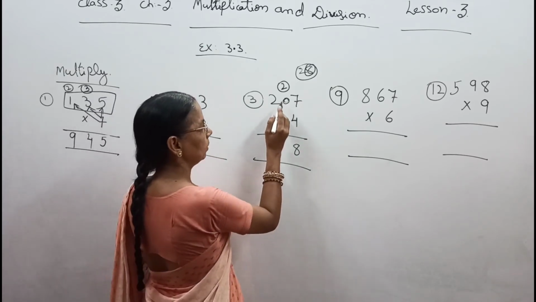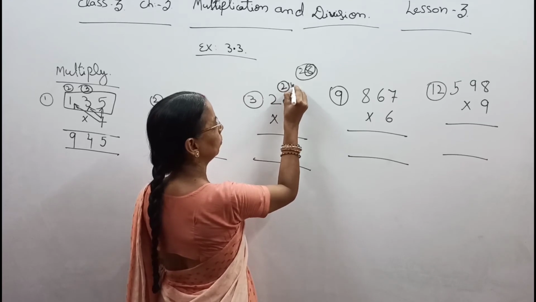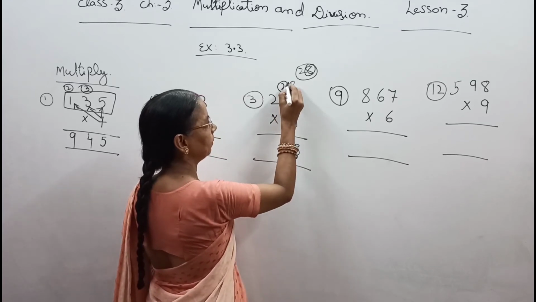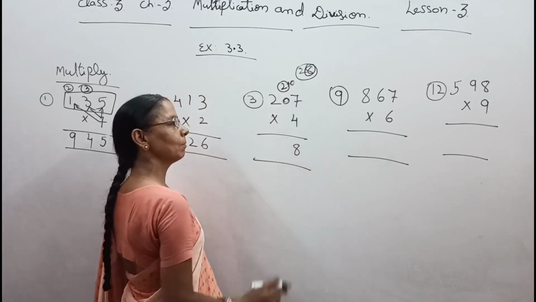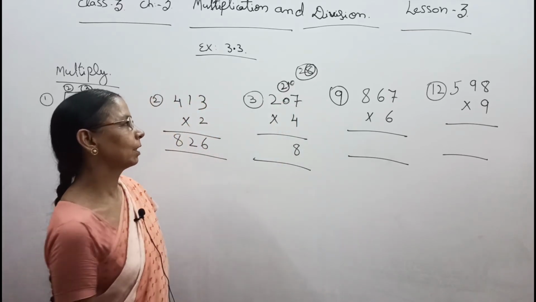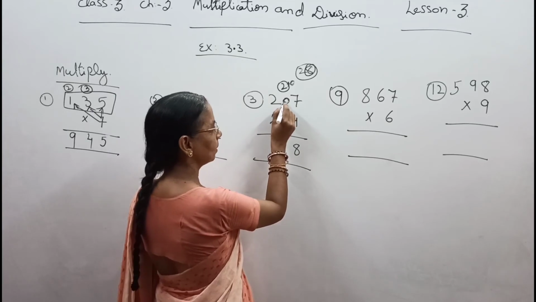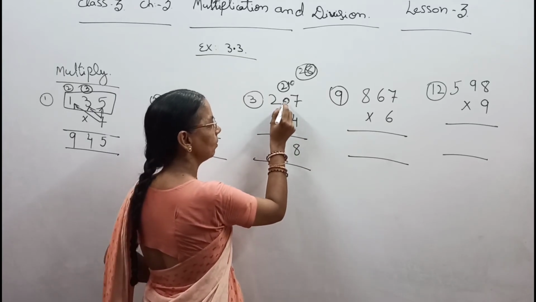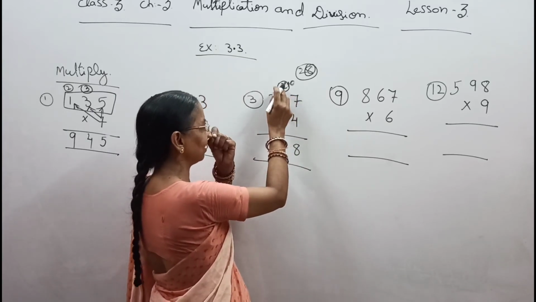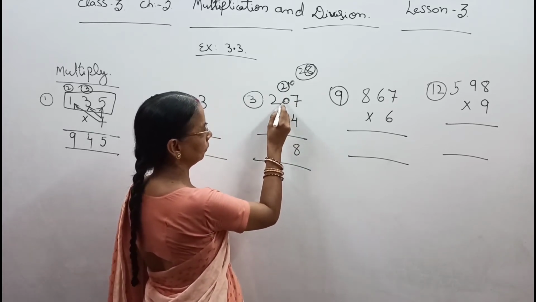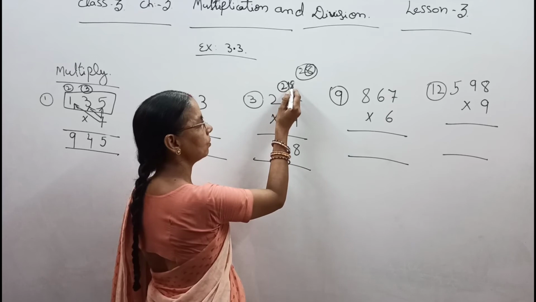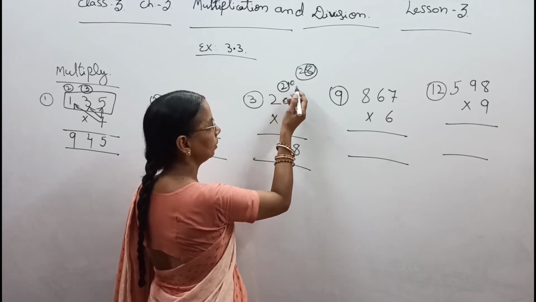Then simply 0 plus 2. Whatever we do, the carried number will be added to the product that comes from the multiplication. Here 4 into 0 is 0. 0 plus 2 is 2.